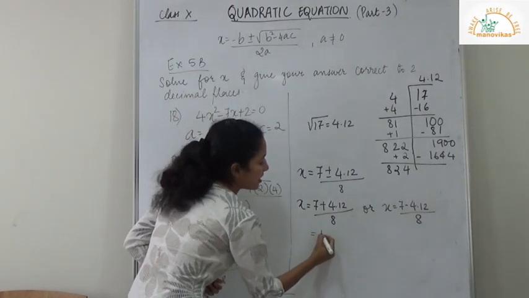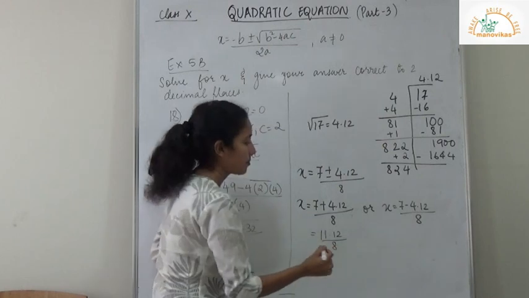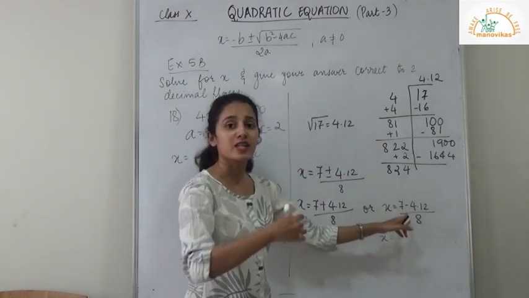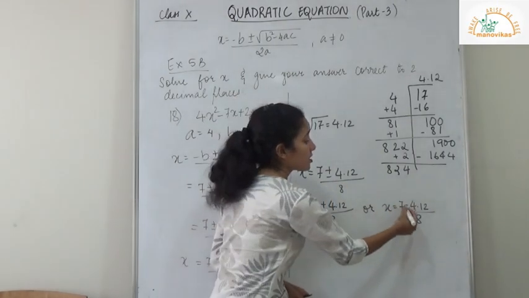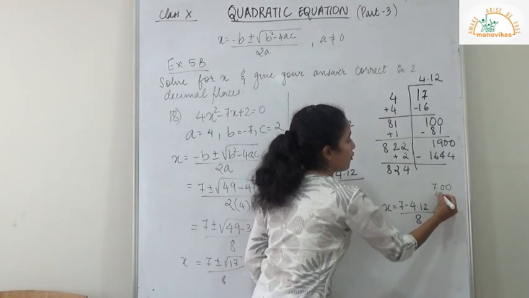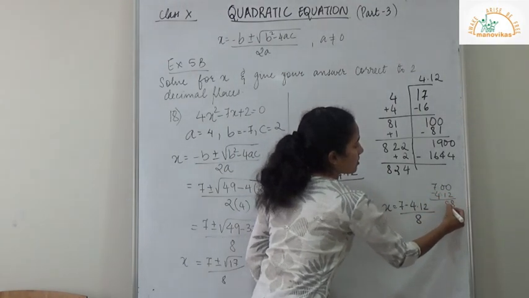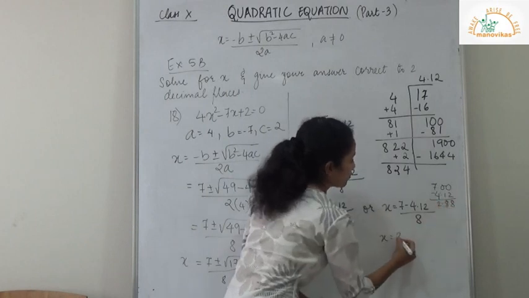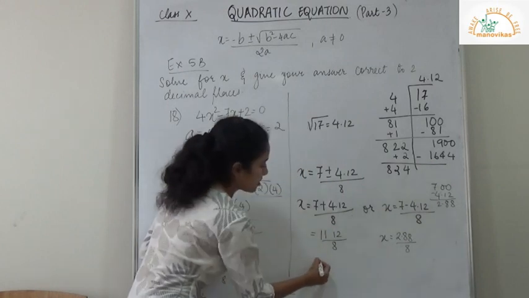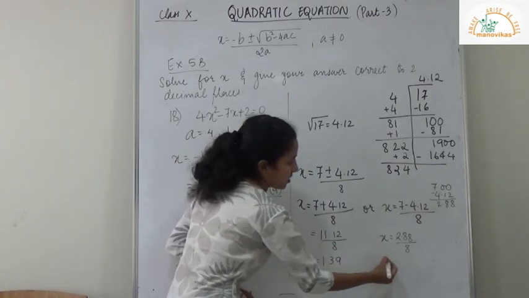This will be 11.12 divided by 8, and this will be x is equal to, the same way as we had done in the previous problem, learn how to find the subtraction numbers. 7.00 minus 4.12, which is 2.88 divided by 8. This is nothing but 1.39, and this will be 0.36.